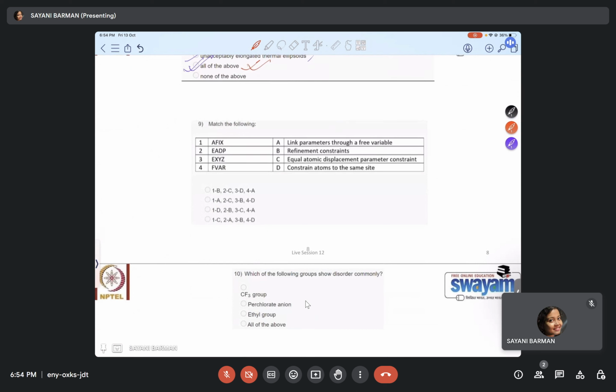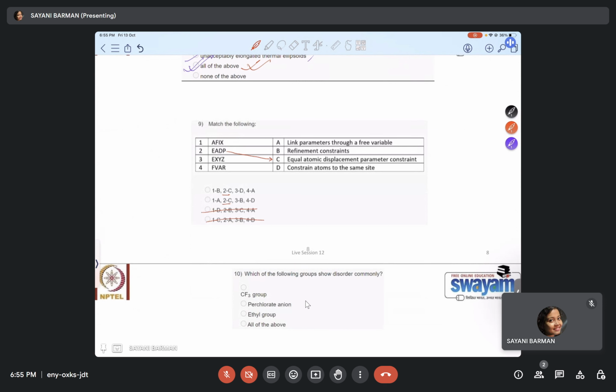Now the next one. Commands are given, and here on the left side, in 1, 2, 3, 4, and in A, B, C, D, they have given the function of the commands. We have just now talked about EADP, the equivalent atomic displacement parameter, and here it is also given, so 2 will be C. So this will be scratched out.